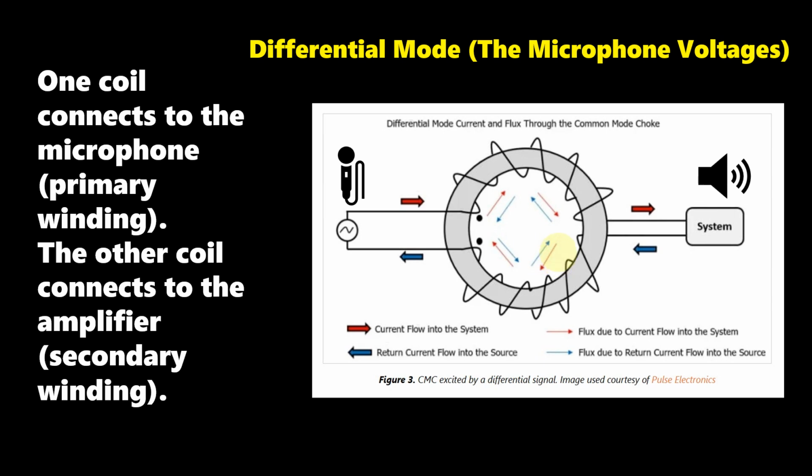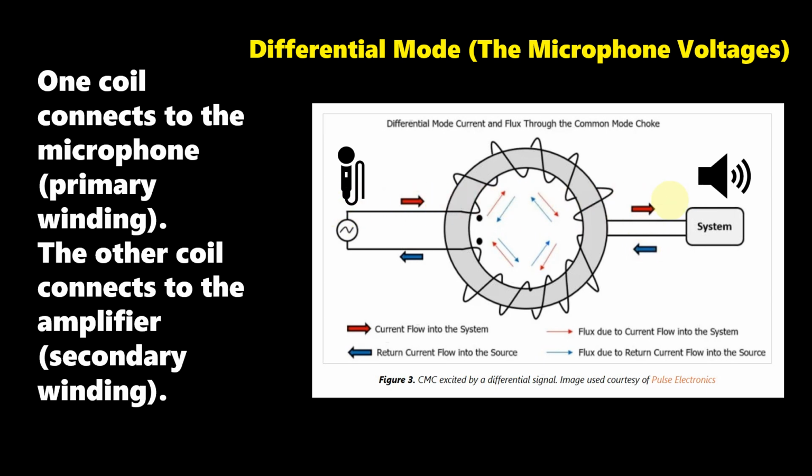We hear the differences. So in the differential mode winding of the choke, what happens, as Dave pointed out in his video, is you have one line that has a positive voltage, another a negative voltage, and they both are equal in different directions. And you add them together and they cancel out. So you have this going through this, and it creates this magnetic field, and then it goes into the other system in the same way, right?